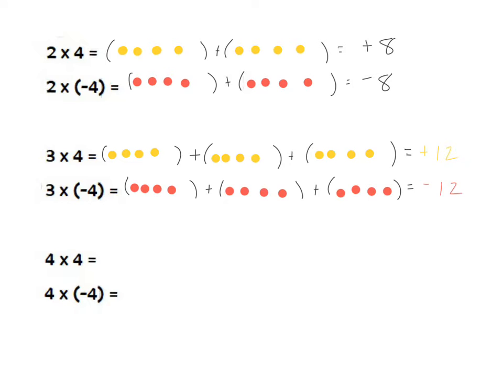If we're multiplying by a negative, we end up with a negative. So if we follow that thought, then down below, if we do 4 times positive 4, we should end up with positive 16. And 4 times negative 4 should end up being negative 16.